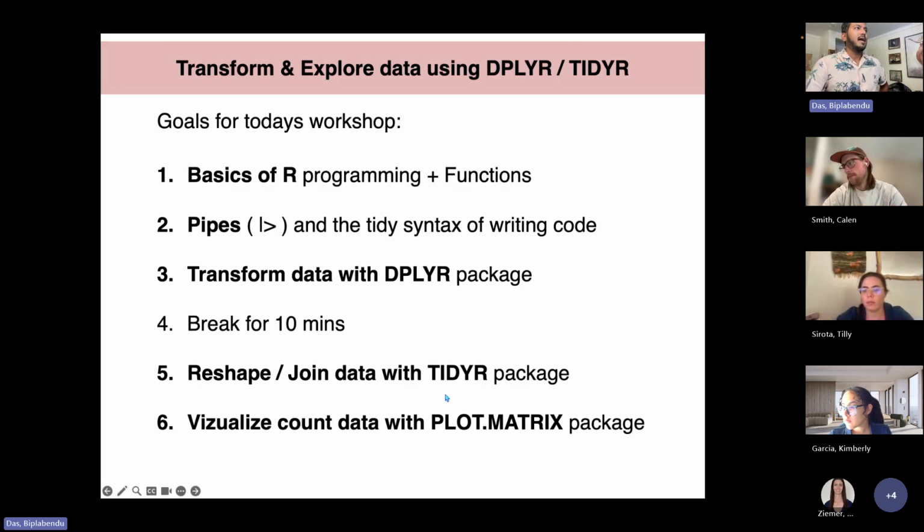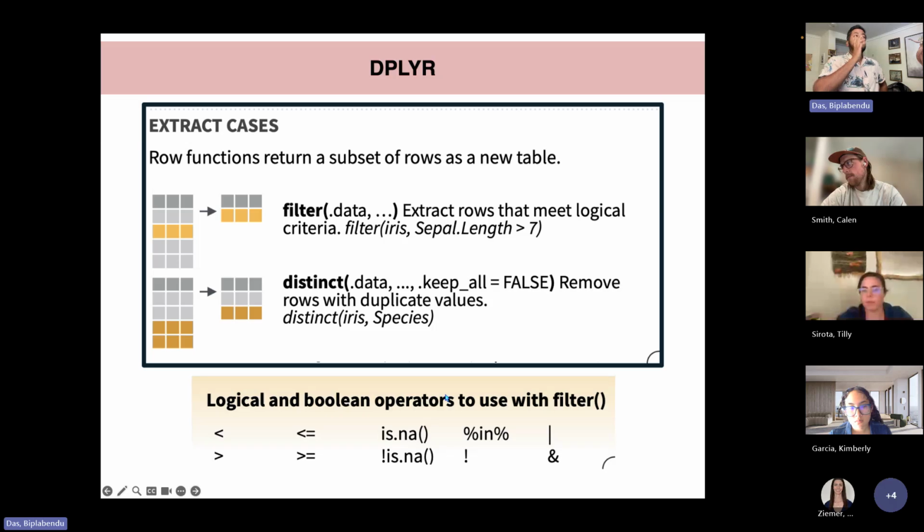Okay, so we went through pipes, right? So dplyr is a collection of functions that are very easy to remember. Filter is one. There are 3 primary things that we're going to talk about, then there are different flavors of them. But filter is always going to reduce the number of rows.